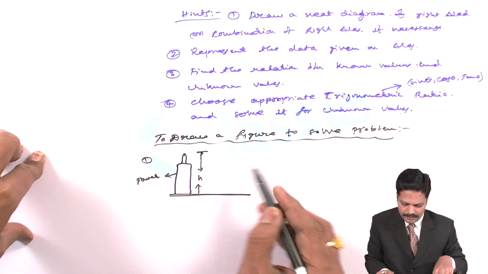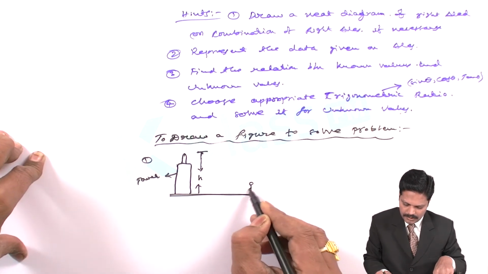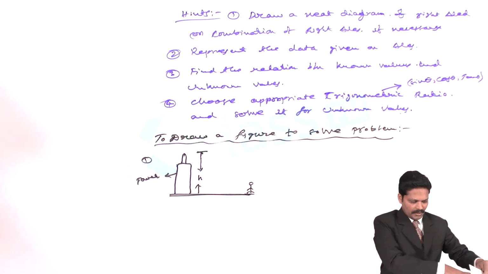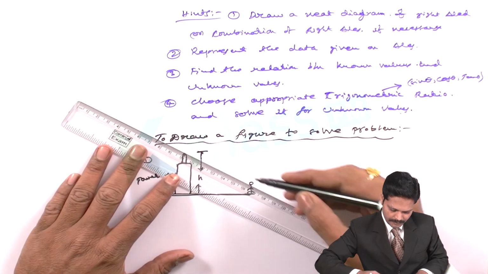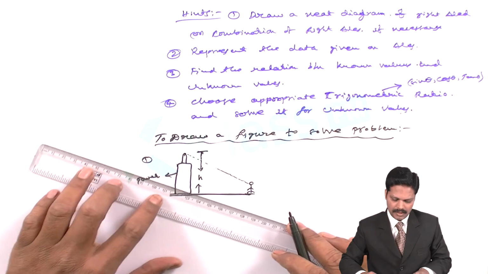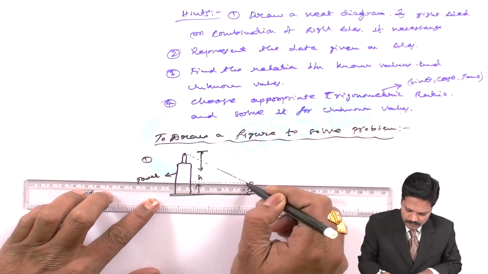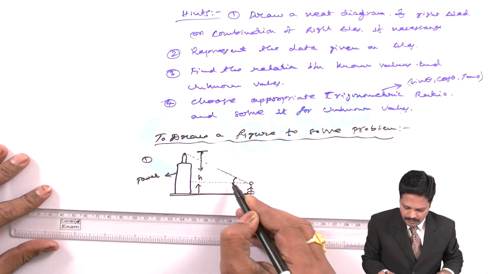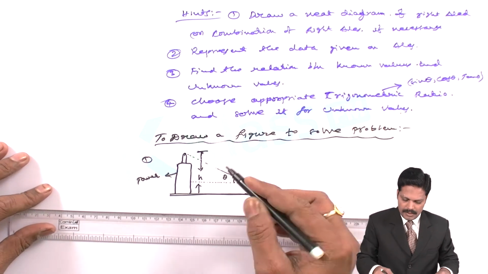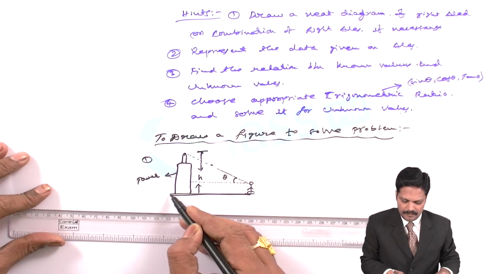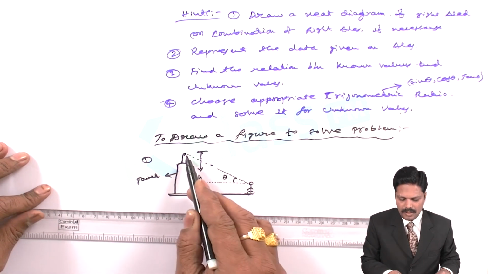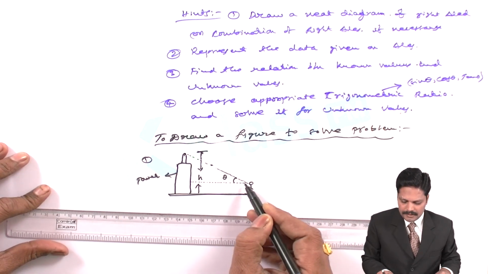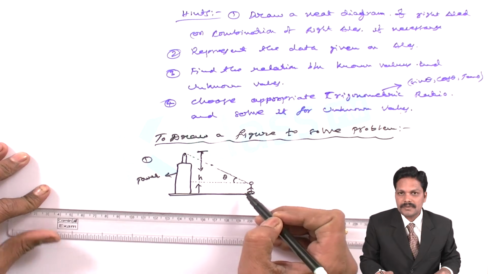A person is watching from the ground level to the top of the tower. He is watching the top point. His horizontal line is like this, and he forms an angle theta. He is standing perpendicular to the ground level.